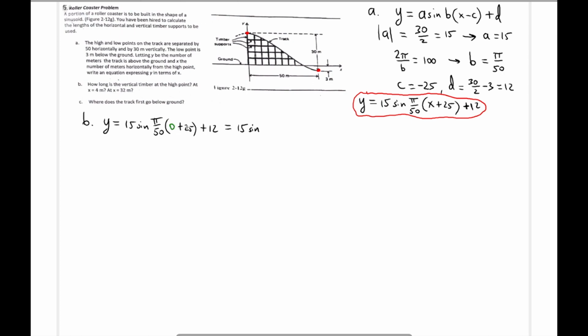Now 25 is going to be there. It multiplies the top, so 25 divided by 50 is 1/2, so that means it's pi over 2, plus 12. So that's going to be 15 times sine of pi over 2, which is 1, right? So it's basically going to be 15 plus 12.